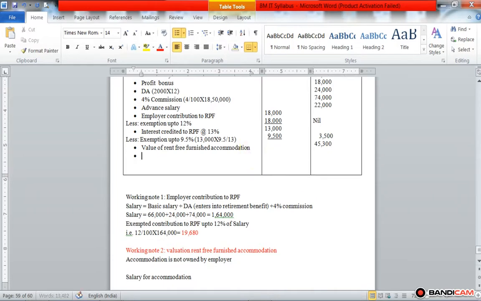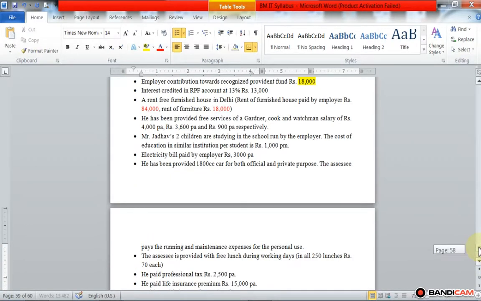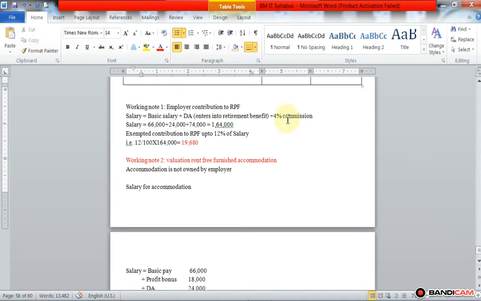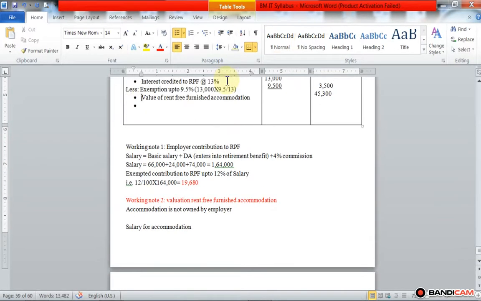Then the next one is given here. Facility is provided, services are provided, that is gardener, cook and watchman. So salary per annum is given directly. Put the figures of salary in the outer column. Here, gardener, cook and watchman. Salary to gardener per annum is 4,000.